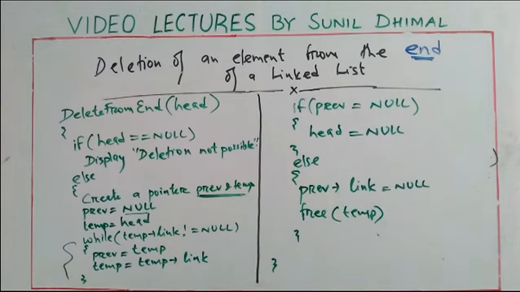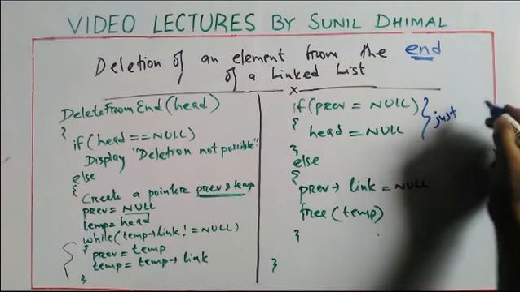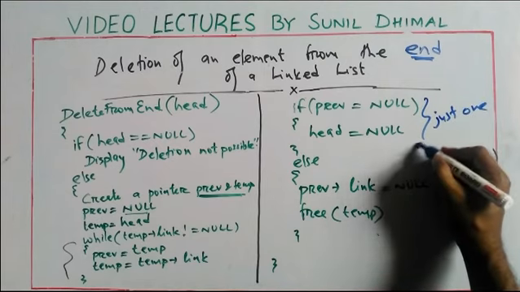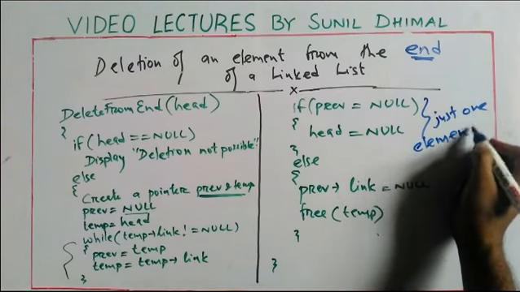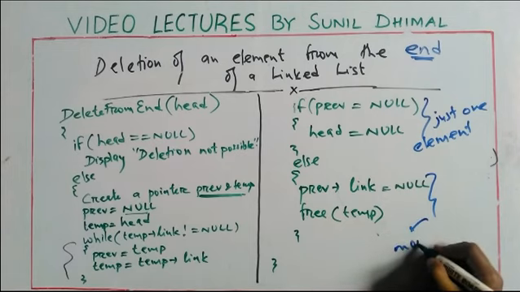Now this should work. Okay, now in this you have to note that this is the scenario wherein you have just one element. This is a scenario for just one element in the list. Okay, so this is a scenario for more than one elements.